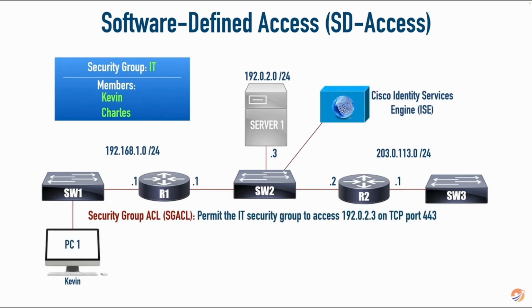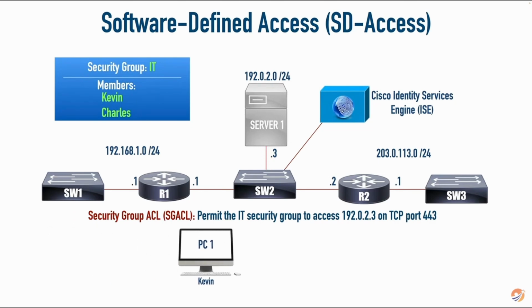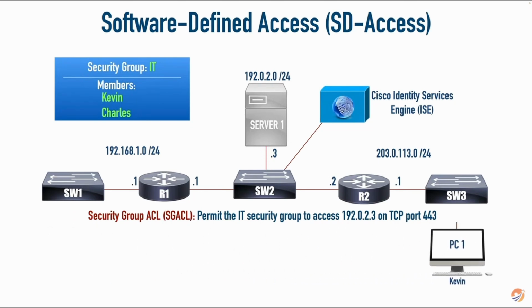And here, instead of having a regular ACL that says permit this IP address to go to the HTTPS port on the server, here we have a security group ACL, which says permit the IT security group to go to that server on that port. So here I've logged in to PC1 with my identity of Kevin, and that's a member of the IT group, and that is permitted to get to the server. And if I move my device to another location, I'm still Kevin.